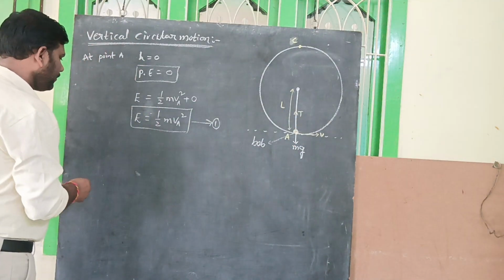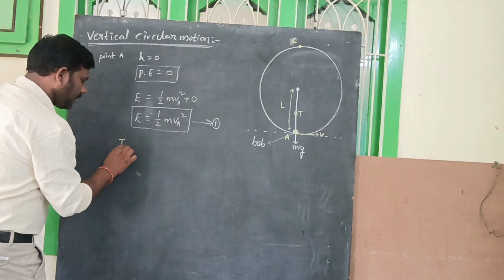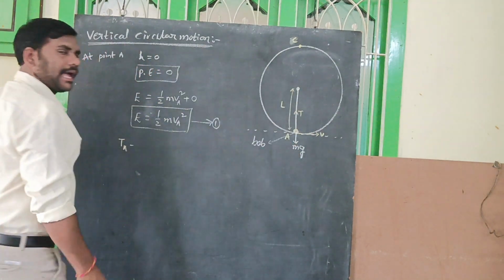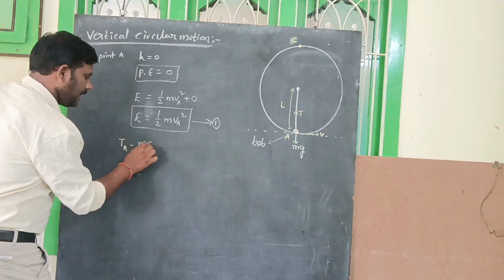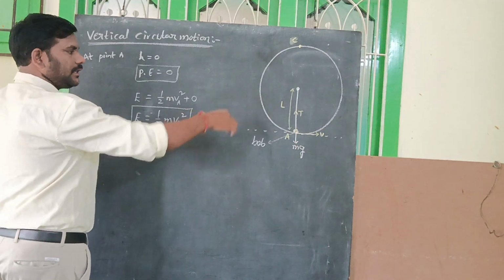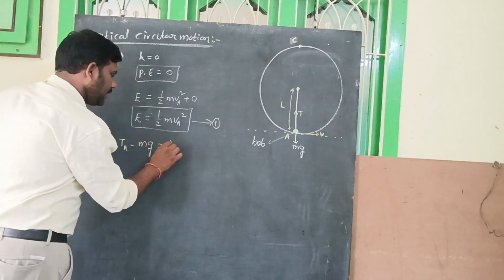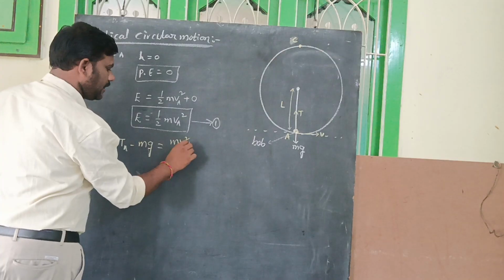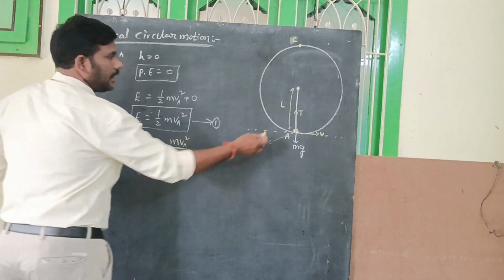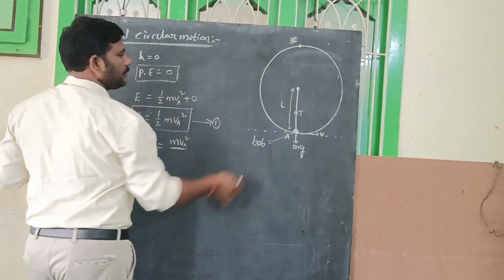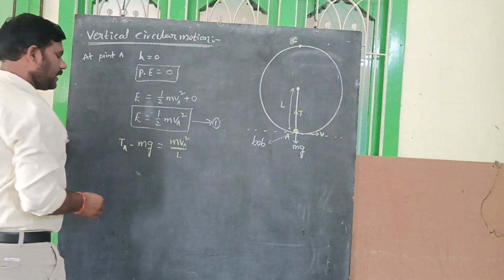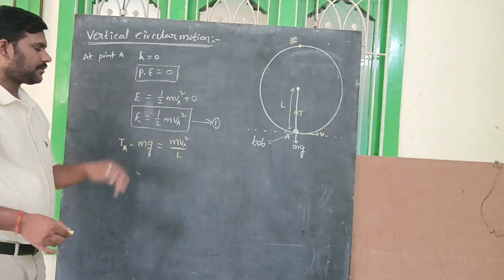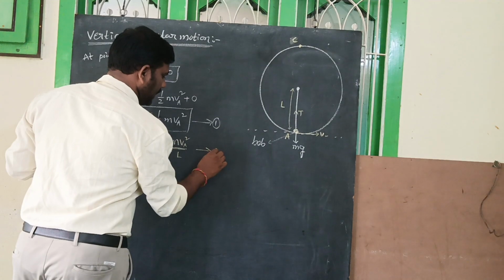Here the tensional force acts upward and the weight acts downward. So T_A minus mg is equal to the centripetal force acting on the body, m v_A square by r, and replacing r with the length L, T_A minus mg is equal to m v_A square by L. So this is the second equation.